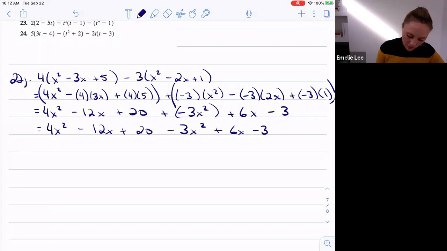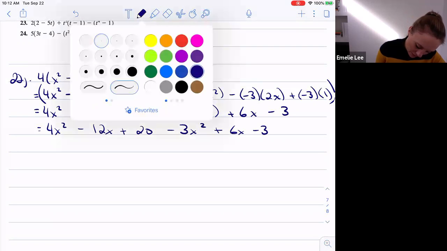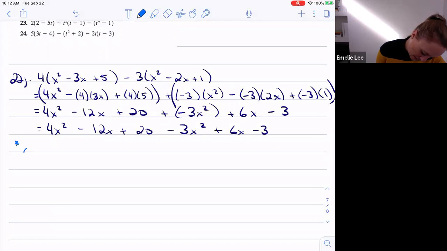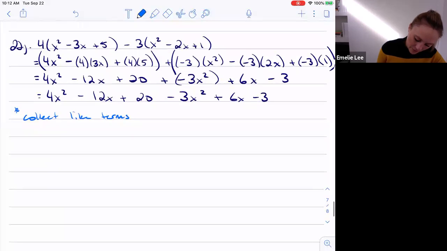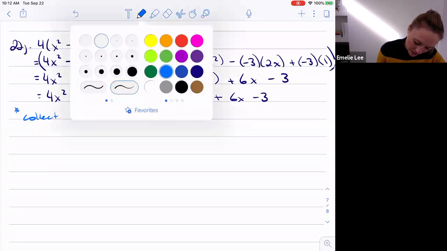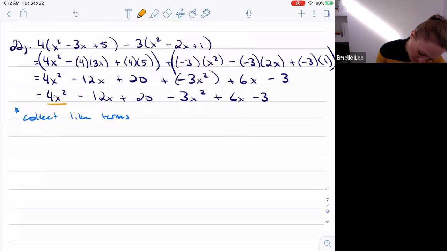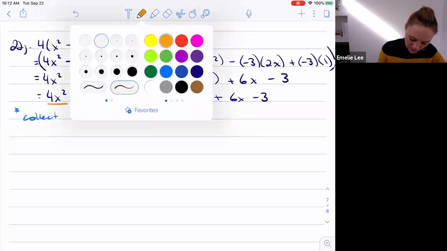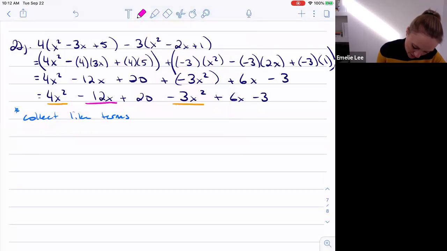Okay. So now I'm going to collect like terms, which means that I've got 4x squared minus 3x squared. I've got minus 12x plus 6x.